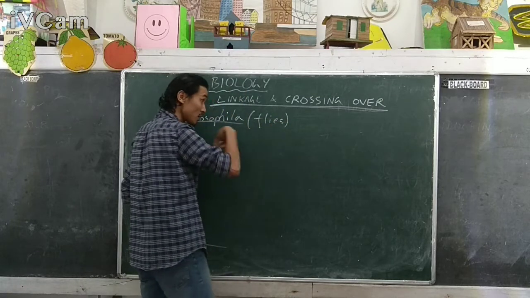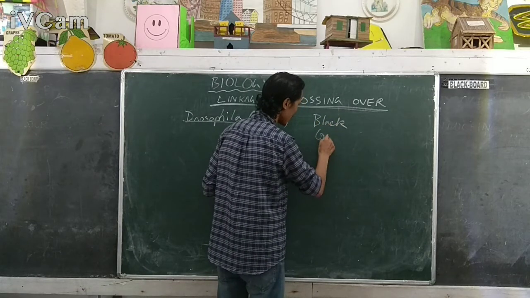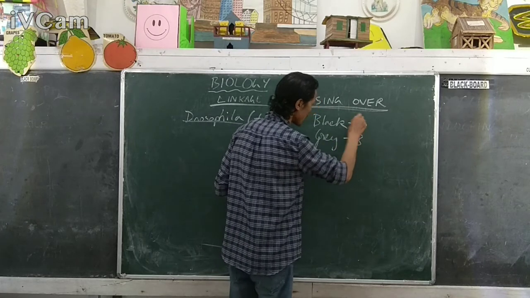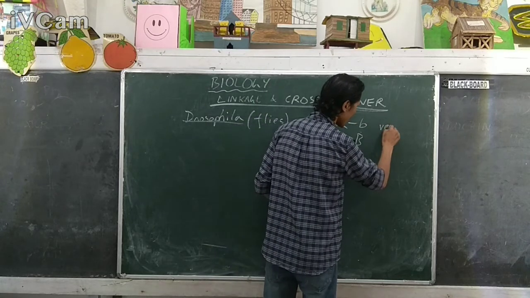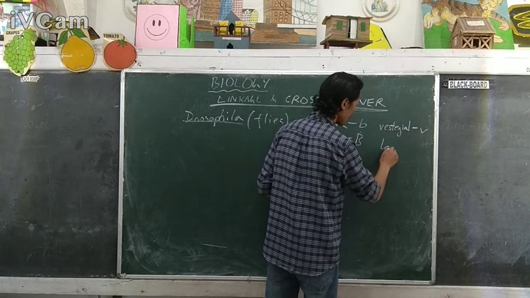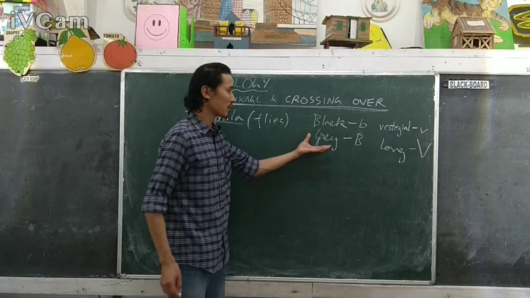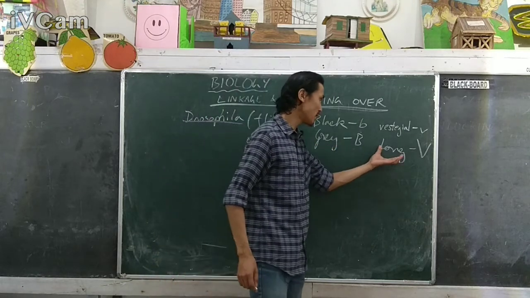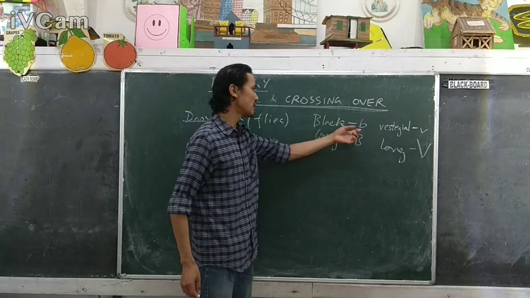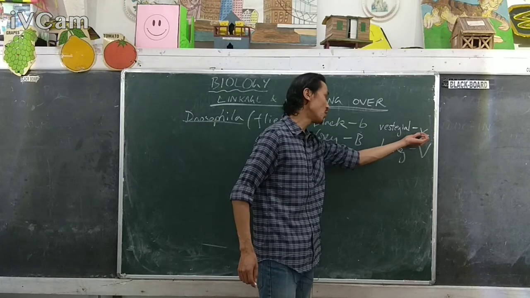So generally what happens is the genes for gray body color and long wings I have designated as capital B and capital V. For black body color I have designated small b, and vestigial, which means short wings, I have designated small v.